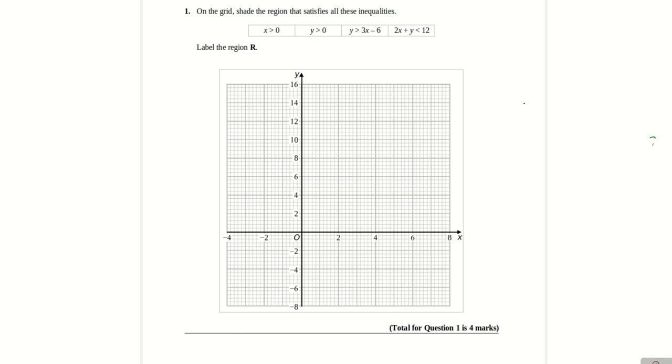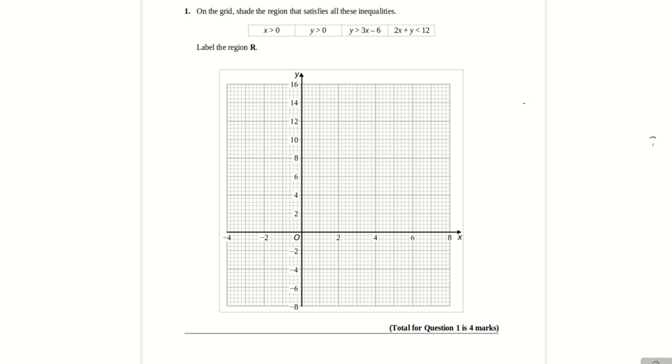Where we haven't got an equals, where it's just greater than or less than, we do a dashed line to show that any points on the line are not included in our required region. And it's also worth emphasizing that we shade in the region which we do not want. So what we're left with should be an unshaded region that's the required one.